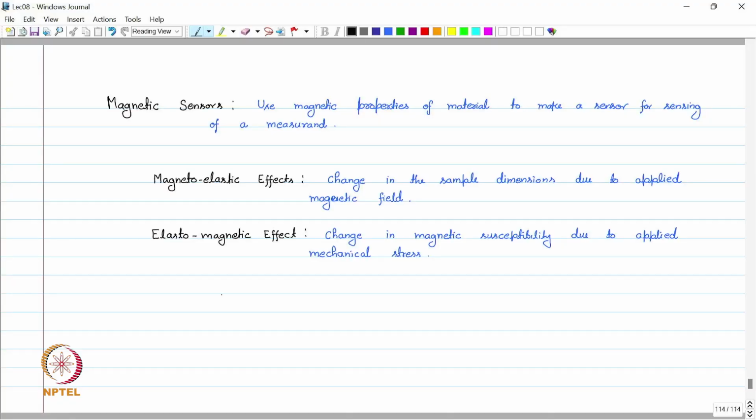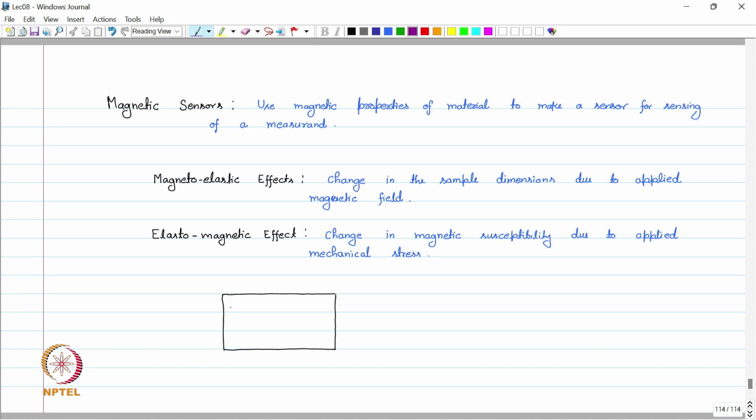So for example, we have a certain material which is magnetic material here, and inside this we have magnetic dipoles.